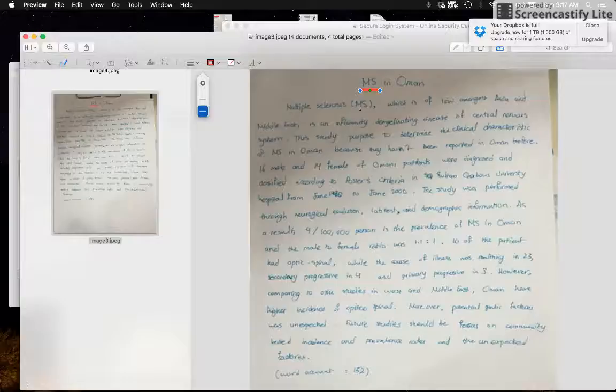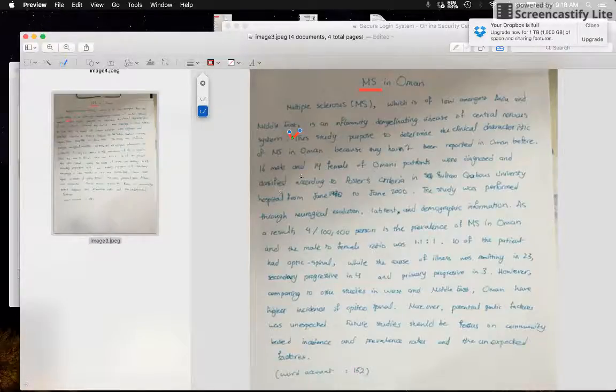And now used MS, good, okay, which is the lowest amongst Asia and Middle Eastern. Okay, is inflammatory disease, central nervous system. Okay, I think you have this sort of backwards, okay? You need to define it first and then talk about how low prevalence it is, and that there's no studies in Oman. So I think you'd lose a few marks here because you didn't talk about how it's not common in Oman.